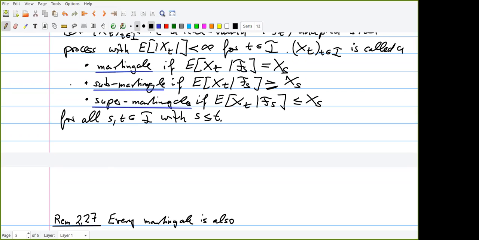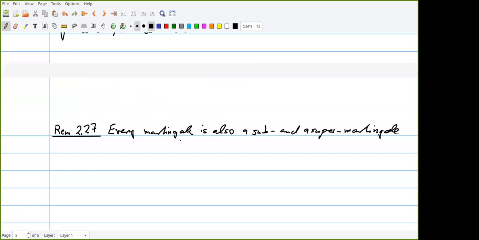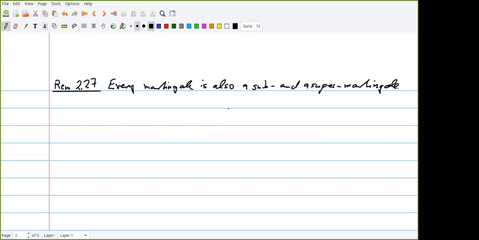Sounds easy. It is easy, but you should keep this in mind for what we are going to prove in the following. All right, to get some intuition, let's discuss some examples before studying properties and so on of martingales. So let me give you three examples, and I think you will see others in the tutorials as well.